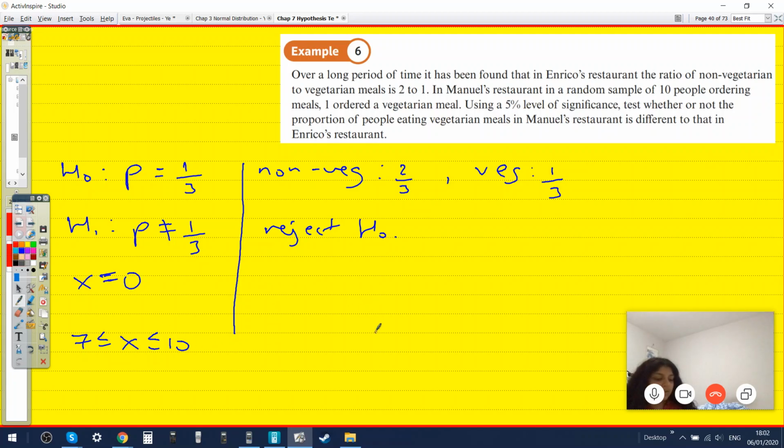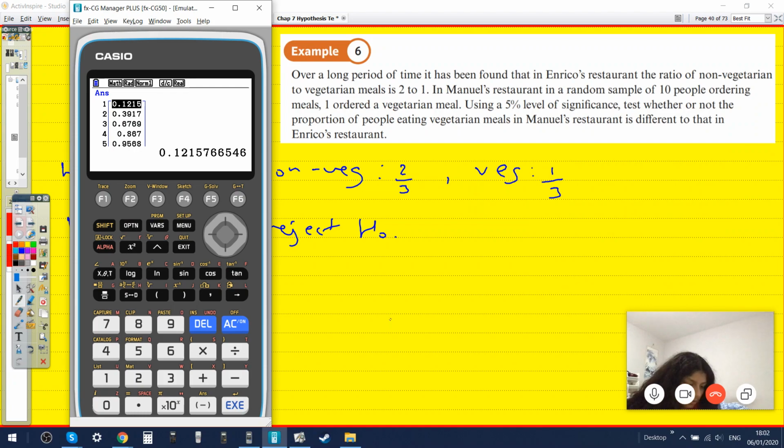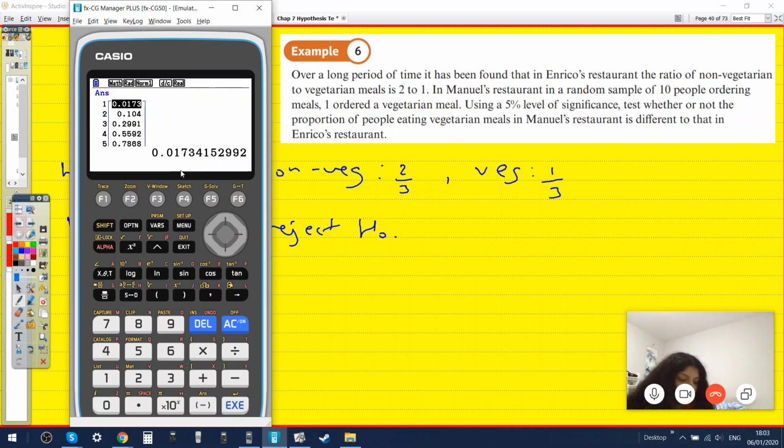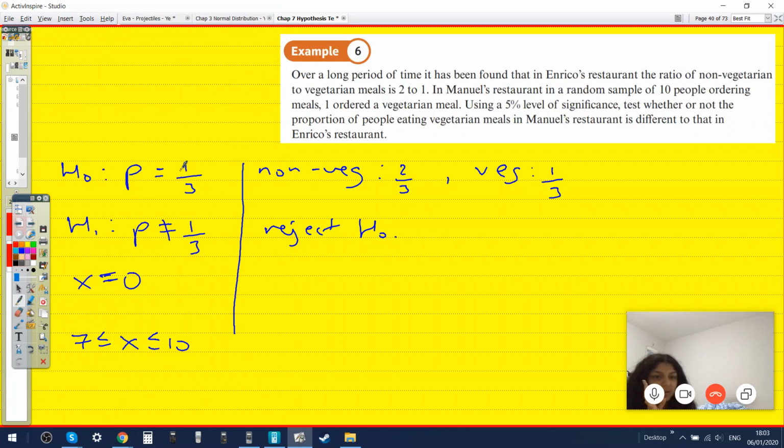Wait, for this one, wouldn't the critical region be X is less than or equal to 1? I don't understand why it's not.